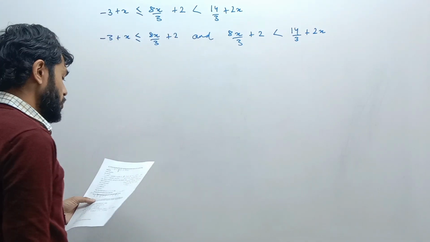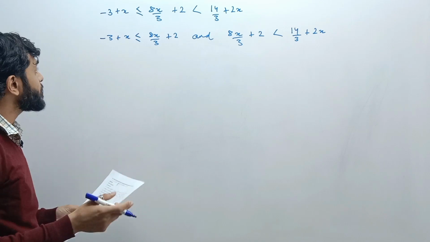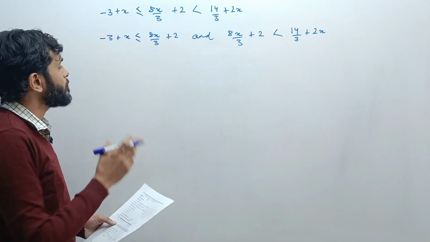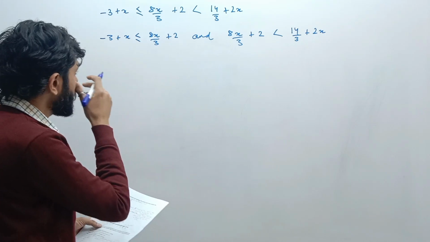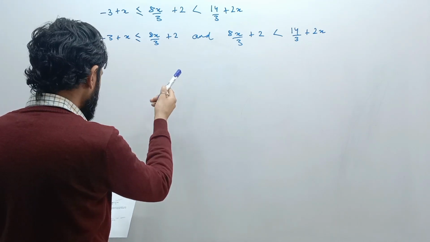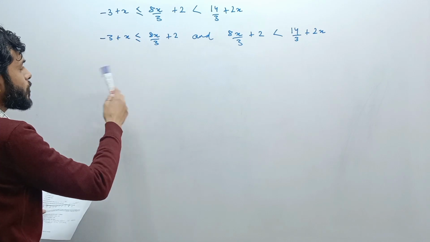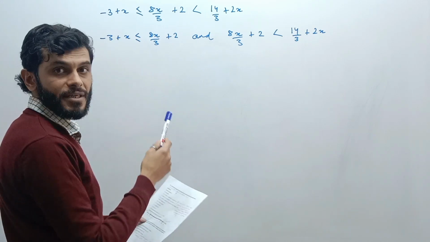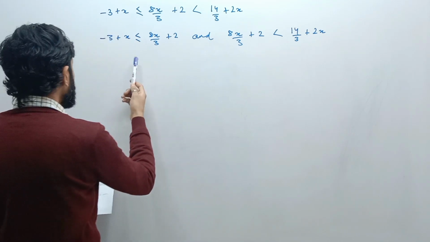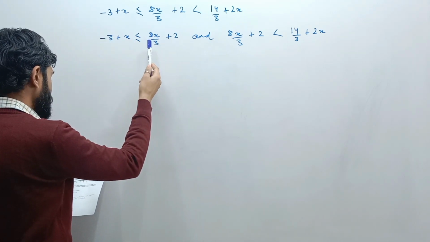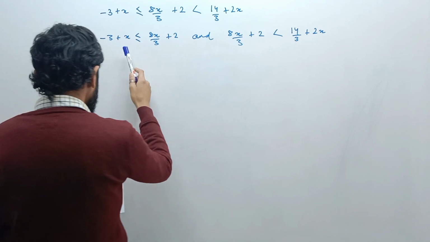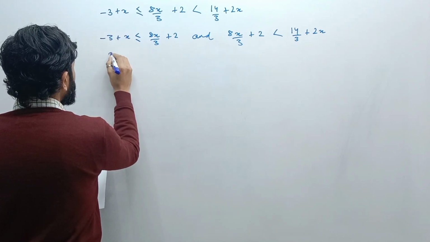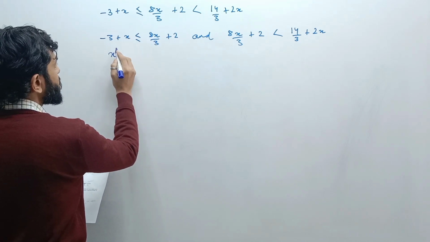Now what you have to do is take all the variables on one side and the constant terms on the other side. The basic mistake committed in this section is that while taking positive and negative numbers to the other side of the inequation, the signs are not changed. This leads to a serious error. So we take the variables on one side and constants on the other. x is positive here, hence it will become negative on the other side.